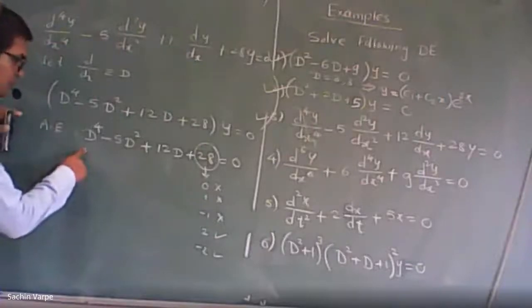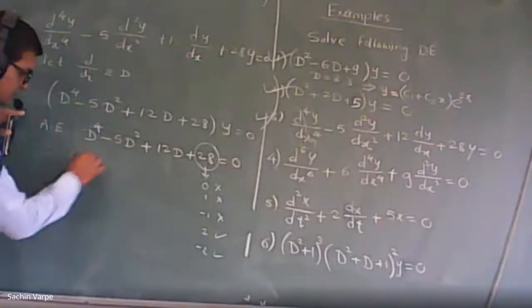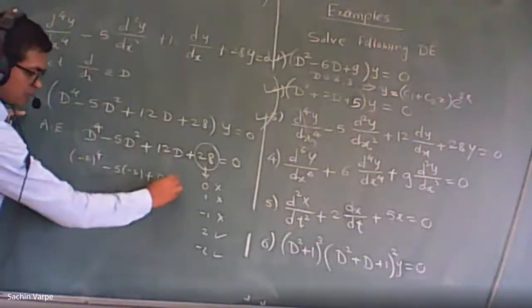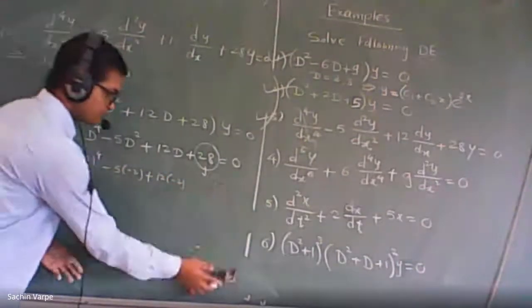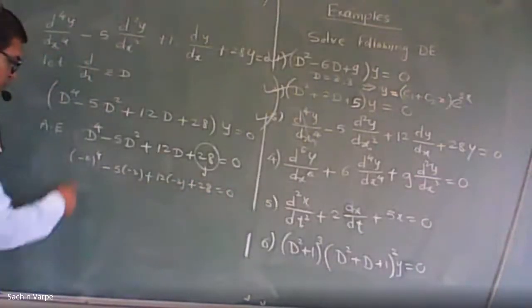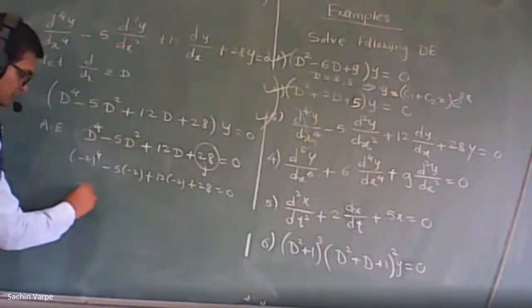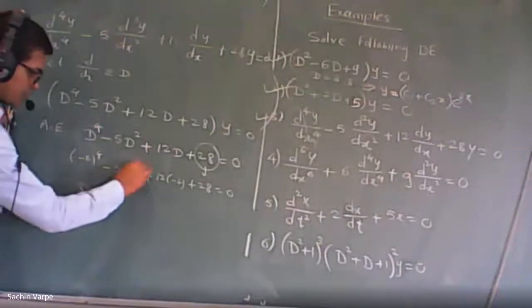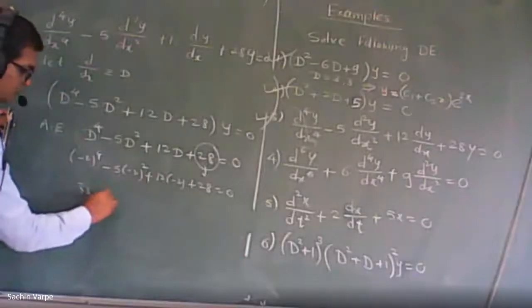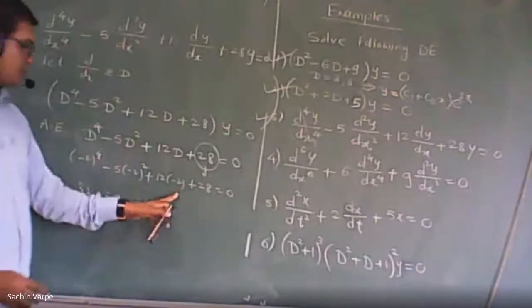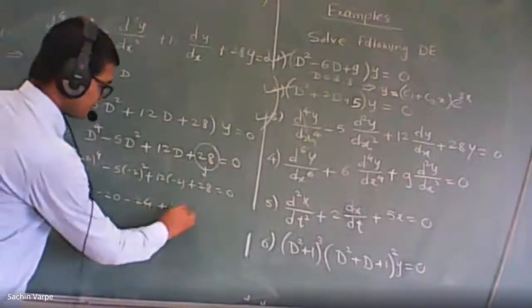Okay, let me check that. Minus 2 raised to 4 minus 5 into minus 2 squared plus 12 into minus 2 plus 28 equal to 0. So this is 16, and 4 minus 20 minus 24 and plus 28.